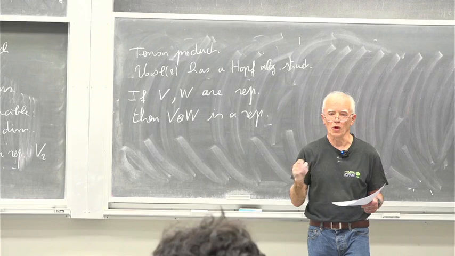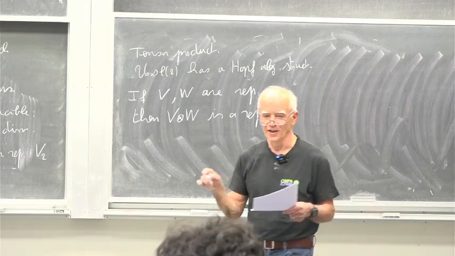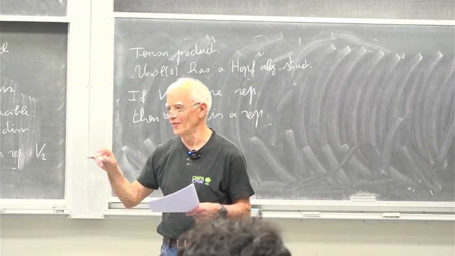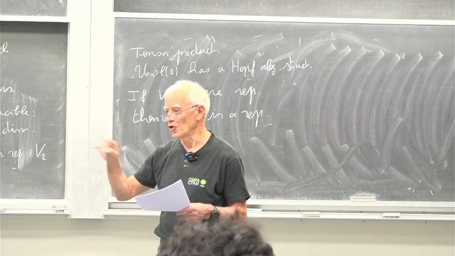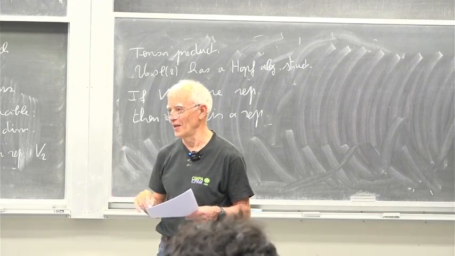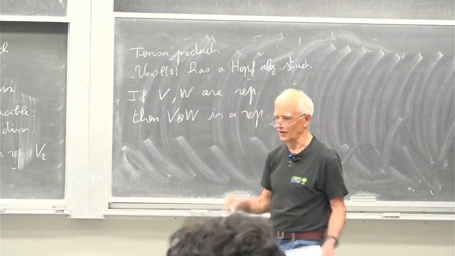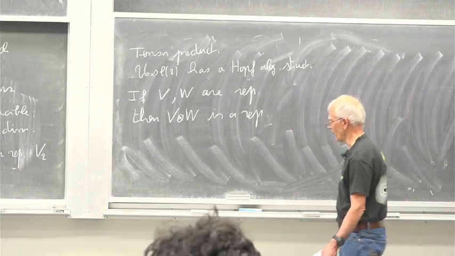You know how to do probably a tensor product of representations of a Lie algebra, because you have a coproduct which says that the Lie algebra elements are primitive, and that's it. It's not a big deal.